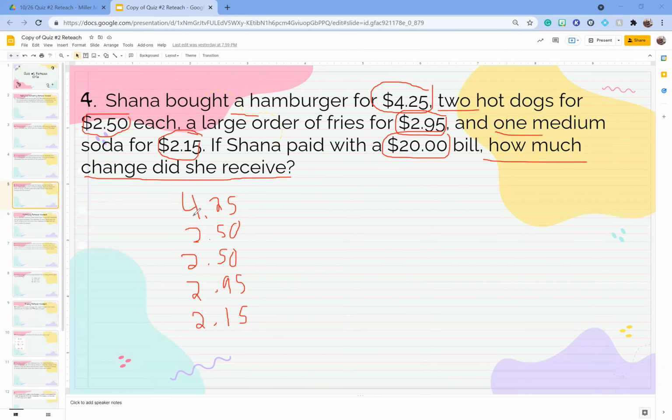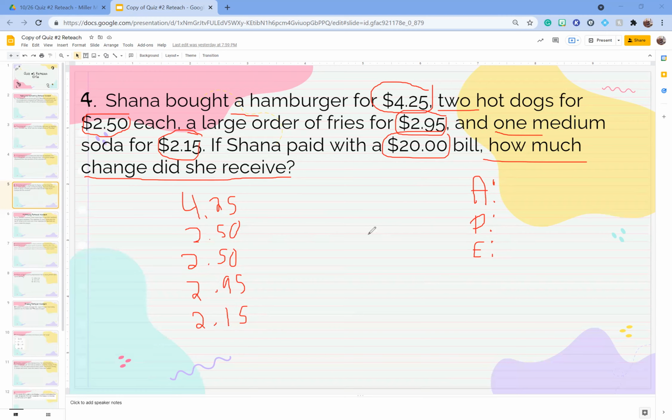If it's asking for the change, we first need to find out how much she spent. So whenever we go ahead and solve with our APE, we already did A. We're analyzing, we have our numbers, we have our keywords, and we know what the question's asking.